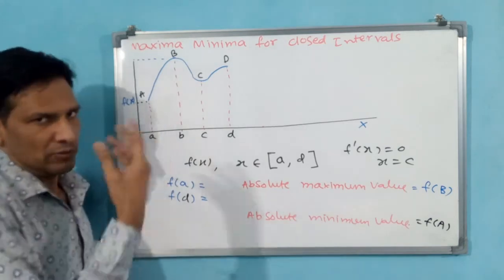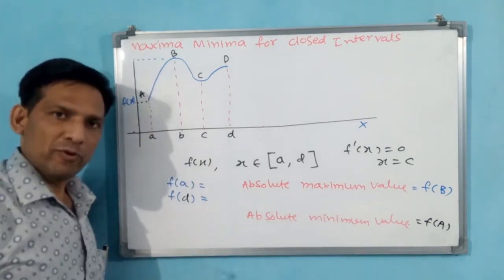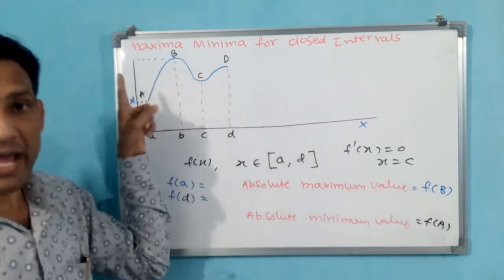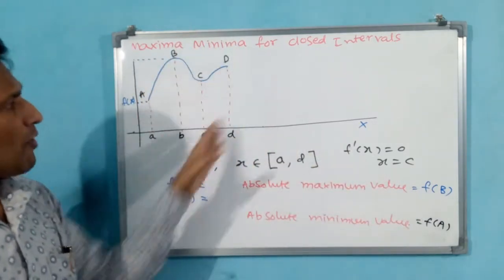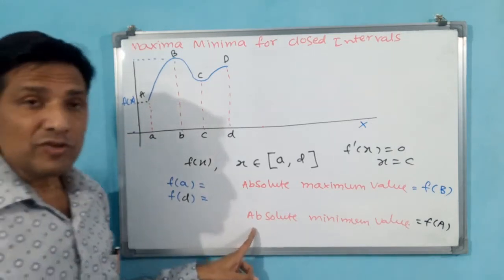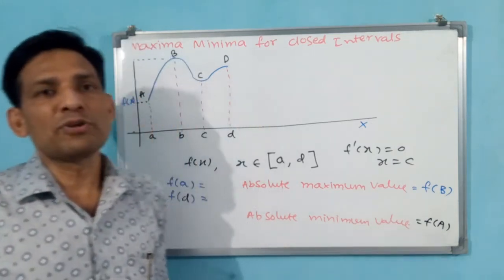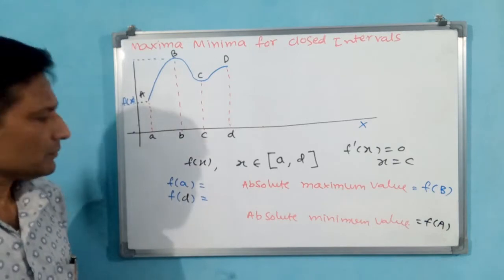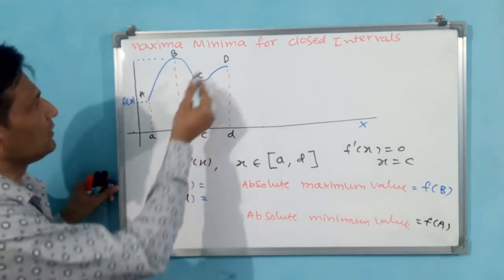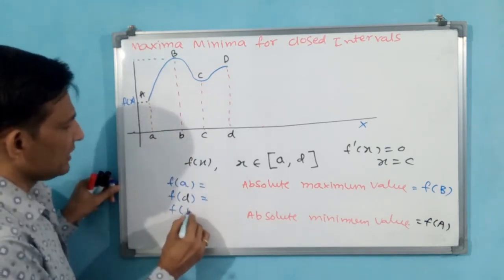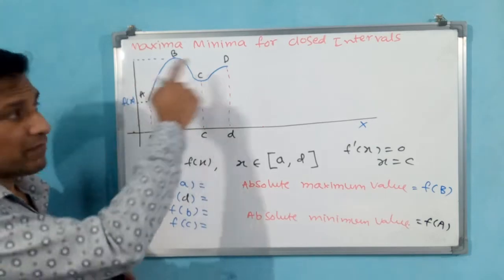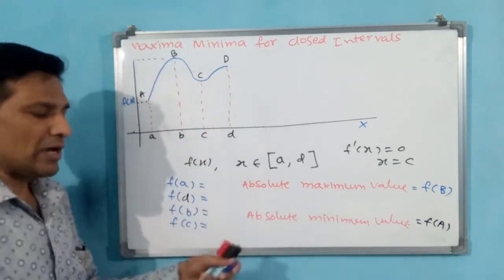Among all values, maybe 3 or 4 values, the highest value will be the absolute maximum value, and the least value will be the absolute minimum value. That means you find f of A, f of D, f of B, and f of C. Here for this question you find all the 4 values.